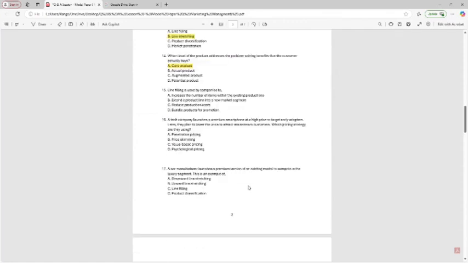Well, let's move to question number 50. Line filling is used by companies to... හරි දැන් අපි කලින් කතා කරා line stretching. Now we are going to discuss line filling. So read the question.